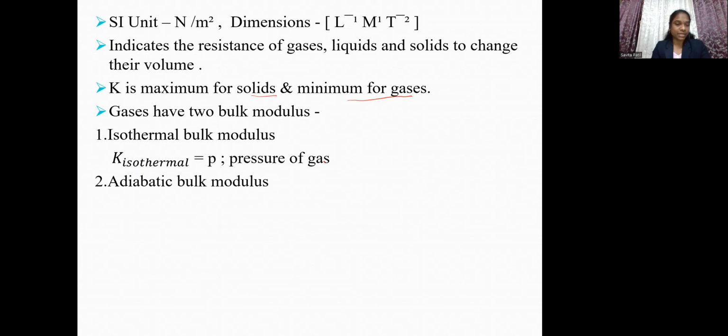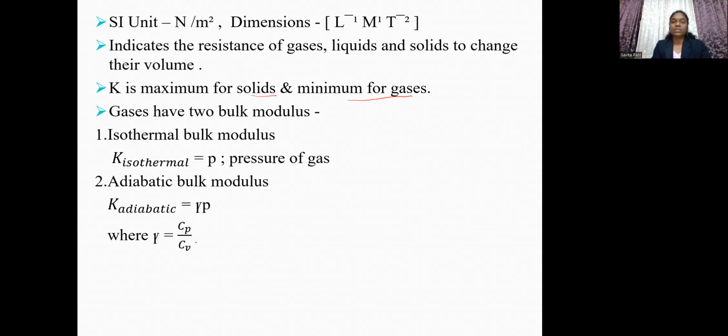So K adiabatic is equal to gamma P, where gamma is equal to Cp upon Cv. And Cp upon Cv is the ratio of specific heat of gas at constant pressure to specific heat of gas at constant volume.